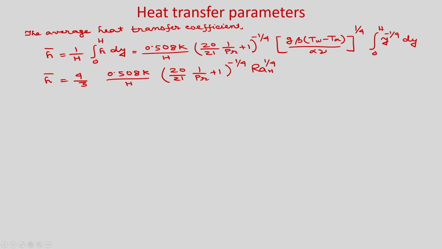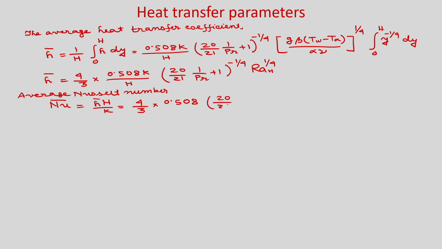Okay. So, now the average Nusselt number you can write is equal to h bar h by k. So, you will get 4 by 3 into 0.508, 20 by 21, 1 by Prandtl number plus 1 to the power minus 1 by 4, Ra H to the power 1 by 4.